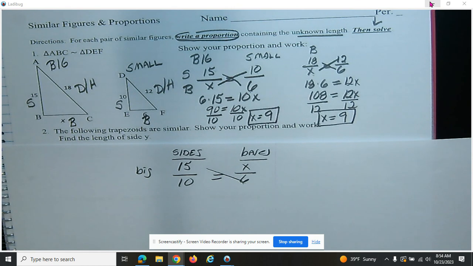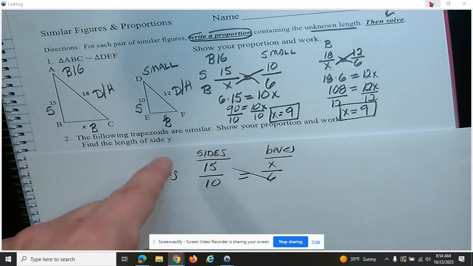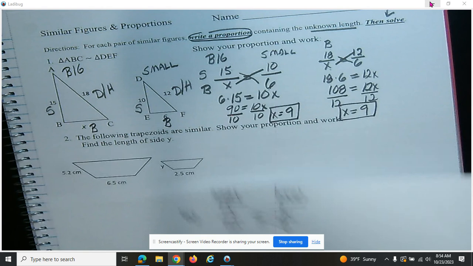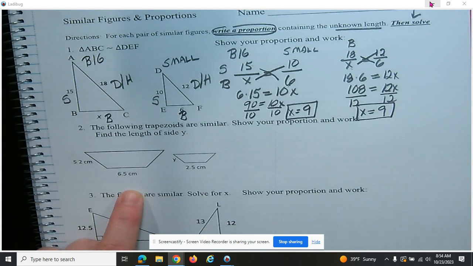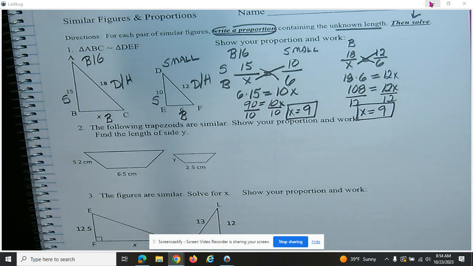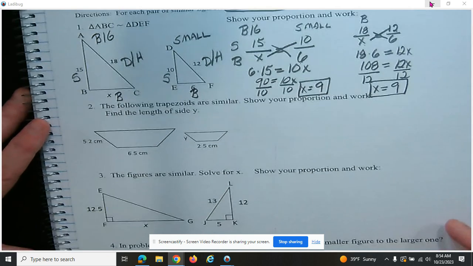Do you guys understand that? And on this one, I knew all of the sides. So I could have used the side and the base or the diagonal and the base. But do I know all of the sides of the trapezoid here? No. So I don't have a choice on what numbers to multiply here.